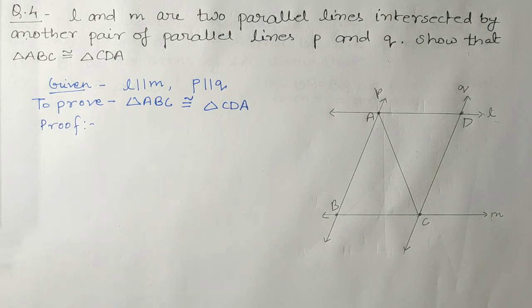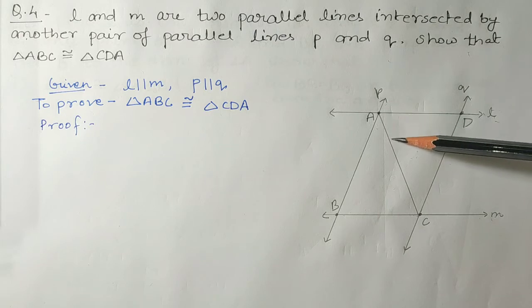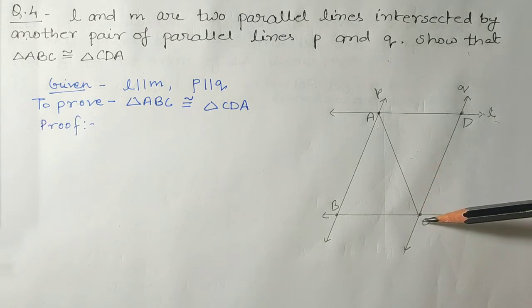Firstly, let us think roughly by which criteria we can show that these two triangles are congruent. As it is given that line L is parallel to line M, for these two lines AC will be the transversal.